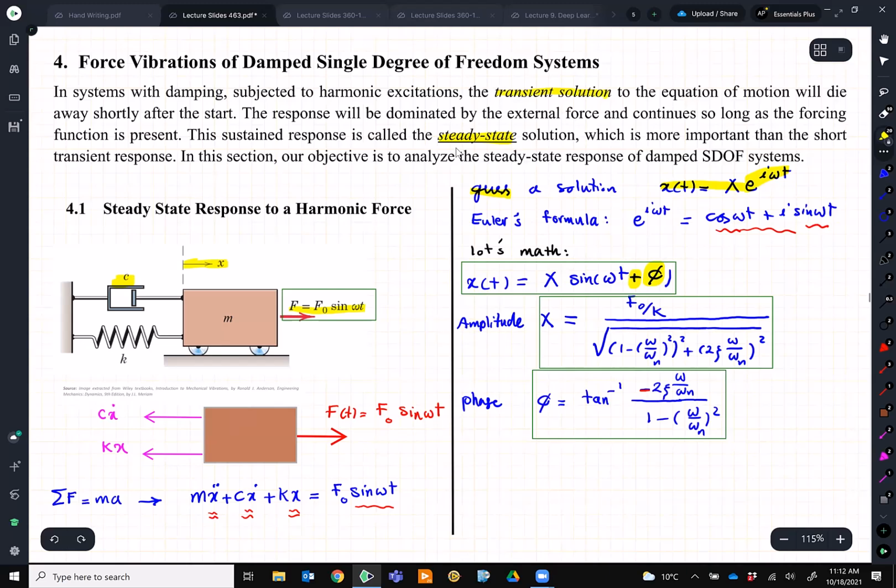Just maybe the first couple of seconds or even less when the system starts working. And we don't really care about the transient solution. The only thing that we care about is this amplitude. We don't even care that much about that phase angle, but mathematically this term is there. The amplitude is what is important for us. How much is this mass vibrating? What is the amplitude or the magnitude of the vibration?